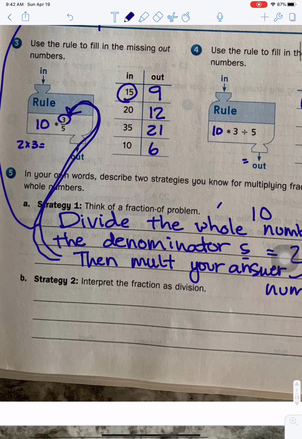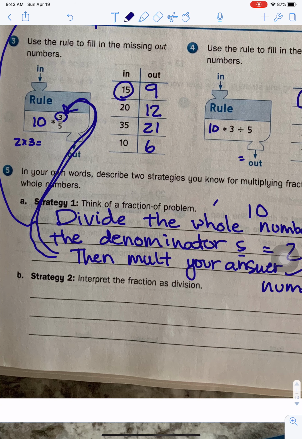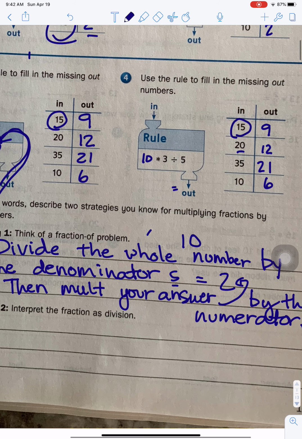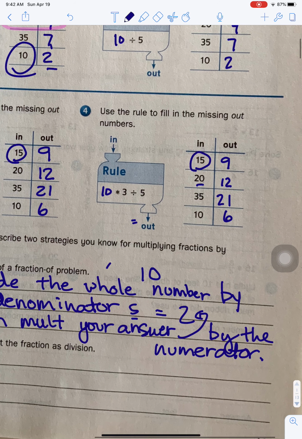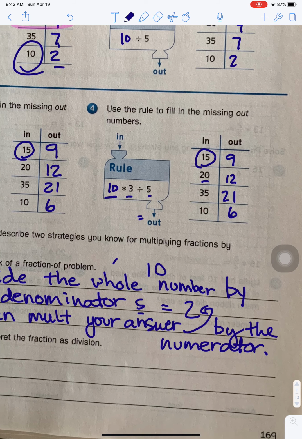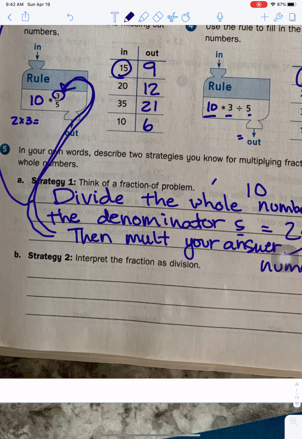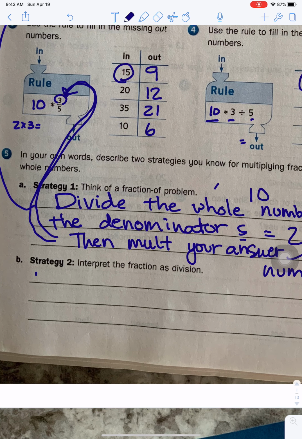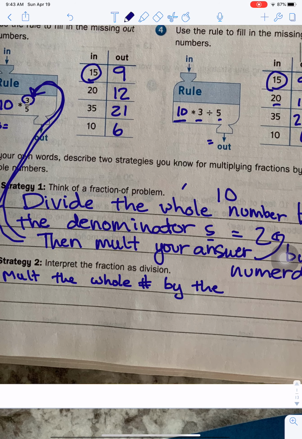Number 2, interpret the fraction as division. So for this one, we multiplied the in number times 3 and then divided by 5. And so for this strategy, we can multiply the whole number by the numerator of the fraction.